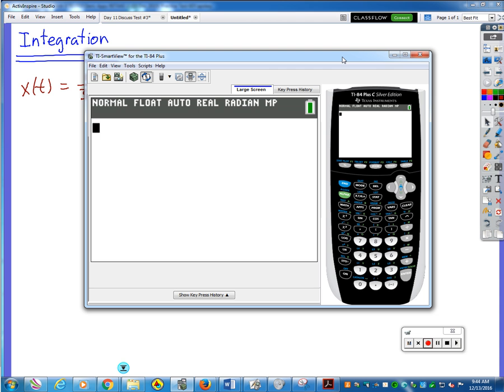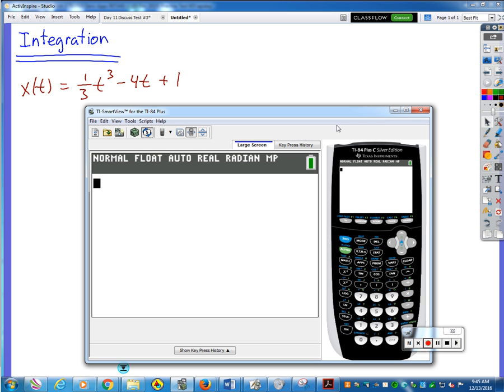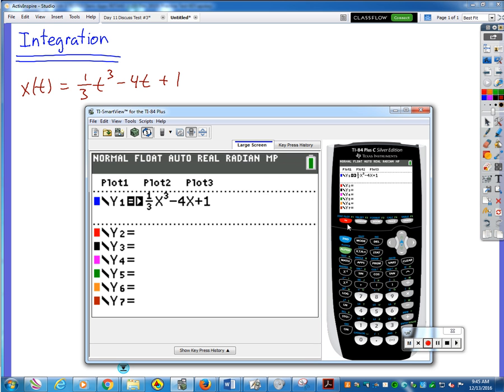Most people don't have an Inspire, and if you do, you usually can find somebody else in the room who can help you, or I can walk over and help you. I just don't have it up here. For an 83 or 84 color, you just hit y equals. This is going to get plotted on the y-axis. Then the x-axis will represent time.